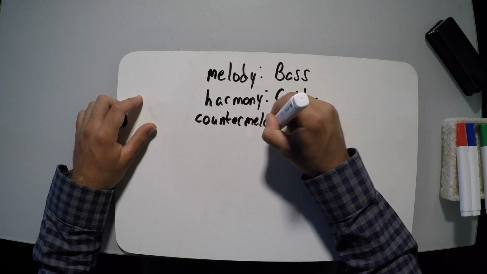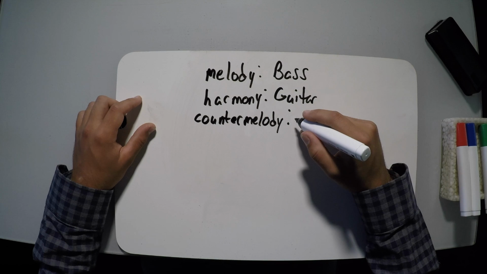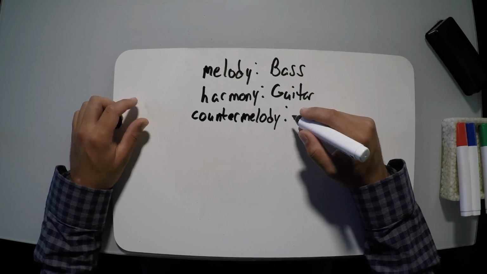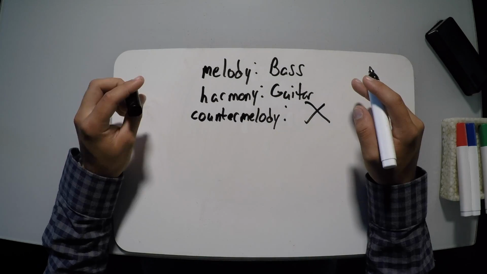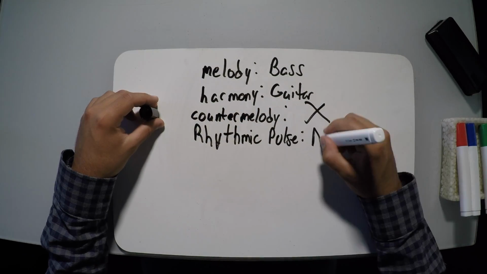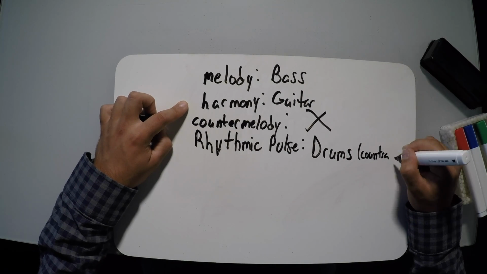Now, just because the drummer is being active doesn't mean we can say that this is a counter melody because our drummer is not relaying pitch. So that's the difference. Contrapuntal is more a response in general. Counter melody is a specific response. It's a melodic response. So we would just have the drums laying down a rhythmic pulse, but we can put in parentheses that he's being contrapuntal.